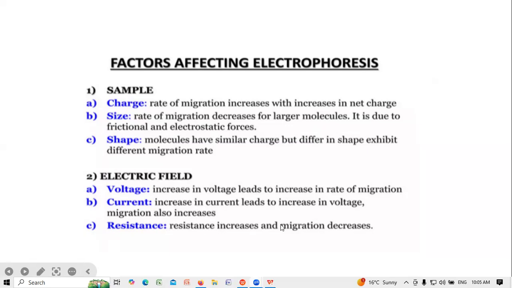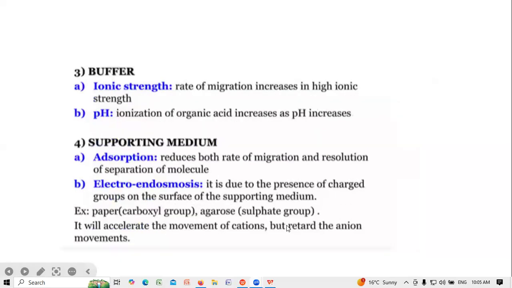Resistance: as resistance increases, migration decreases. Buffer ionic strength: the rate of migration increases at high ionic strength. pH: ionization of organic acids increases as pH increases.